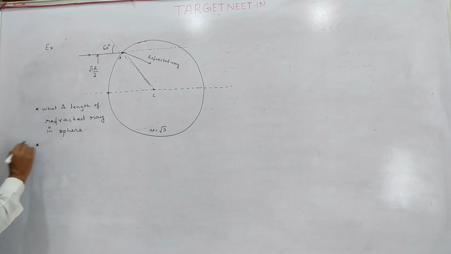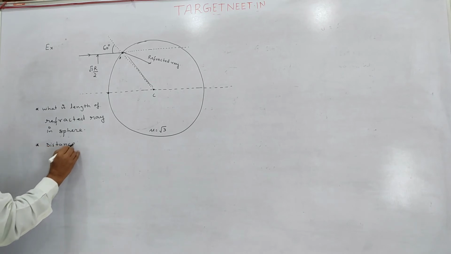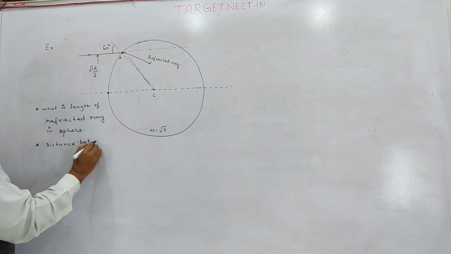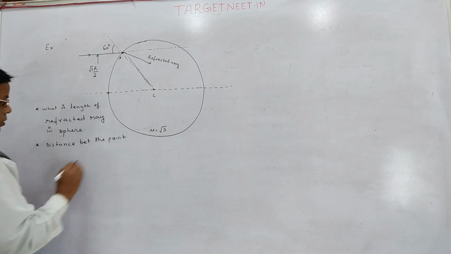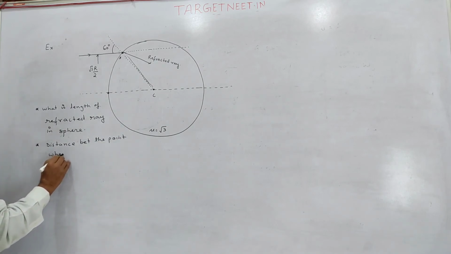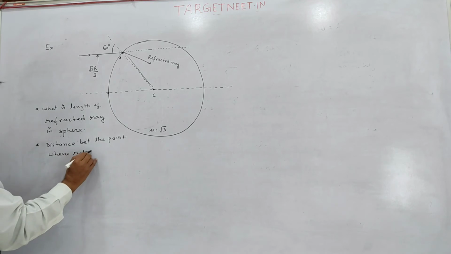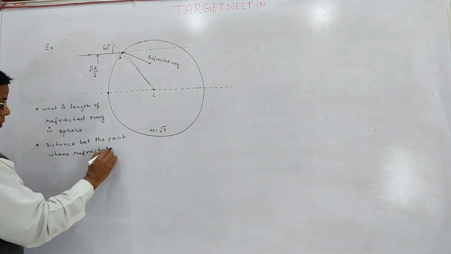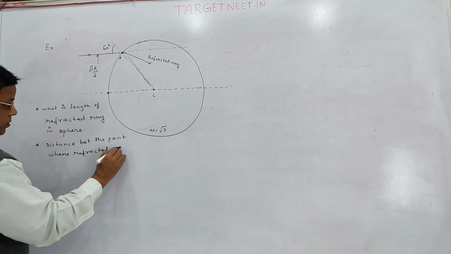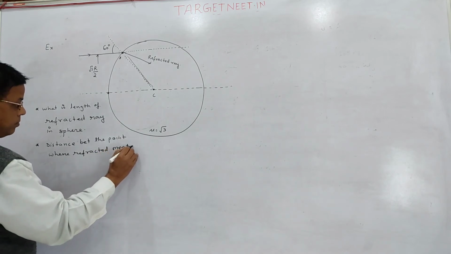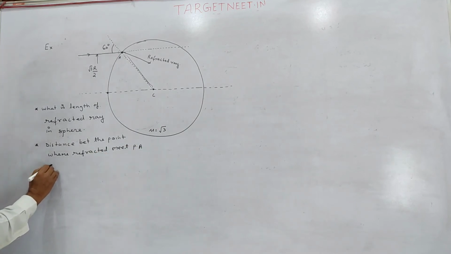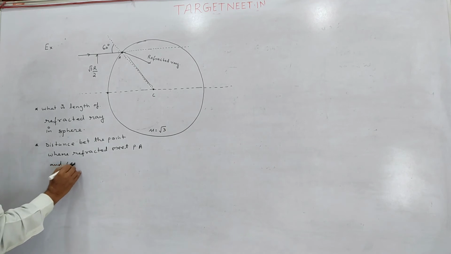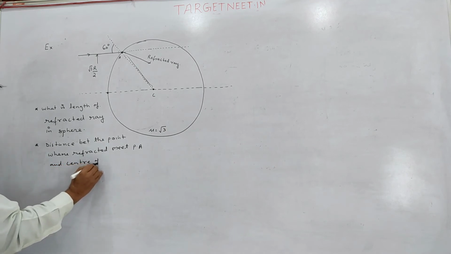Second, the distance between the point where the refracted ray meets the principal axis and the center of the sphere.